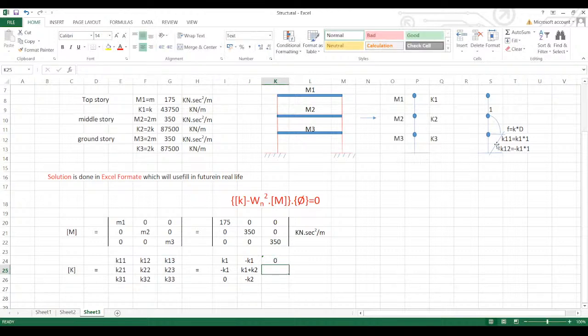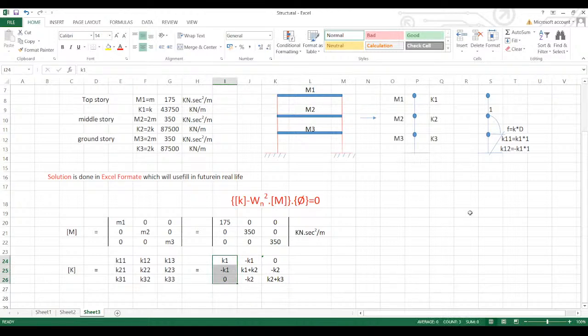And again, the effect of K2 at position 2 on K3 is minus K2, and K3 means K2 plus K3.